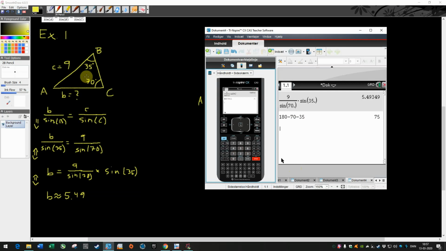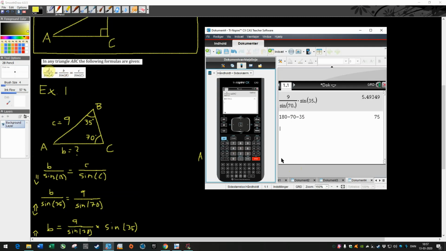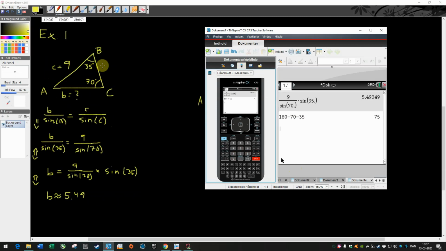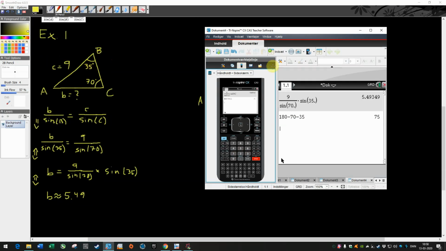Once you know this angle, you can calculate this side over here by using the laws of sine. Again, this time you just have to use a formula containing the a, because now a is the unknown. This was not a part of my example, but it's just to give you an understanding that you can continue in this case.